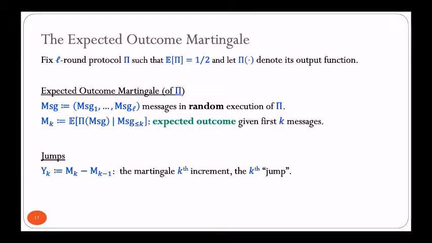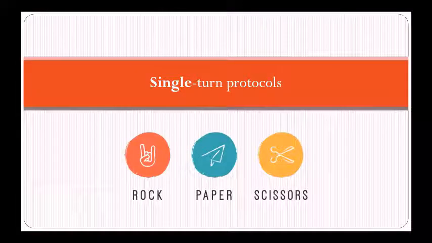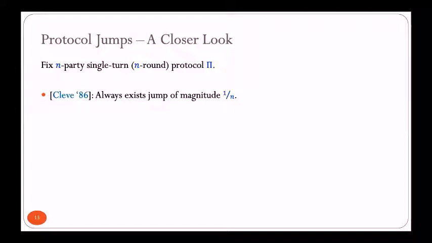So let's move on. Let's try and understand single-turn protocols. So we fix some single-turn protocol pi with n parties. Cleve showed in '86 that every single-turn coin flipping protocol has a jump of magnitude 1 over n. Okay? This quite readily implies a 1 over n one-shot attack.